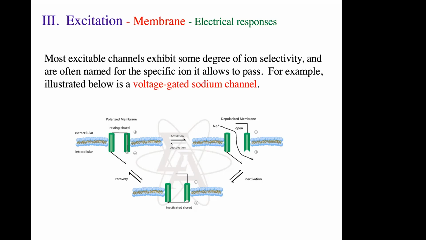On the polarized membrane, one of the green proteins has the positive right below it, and the rest don't. What is it? In these two here, you mean the depolarized and the inactivated? On the polarized membrane one, the green protein on the right has a positive on the bottom of it. Oh, on the bottom? Yeah.